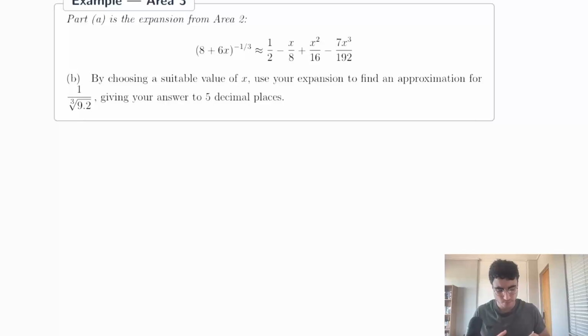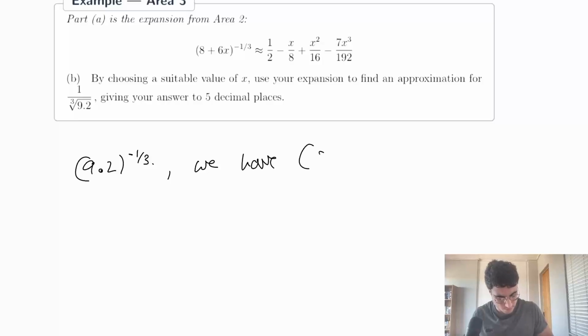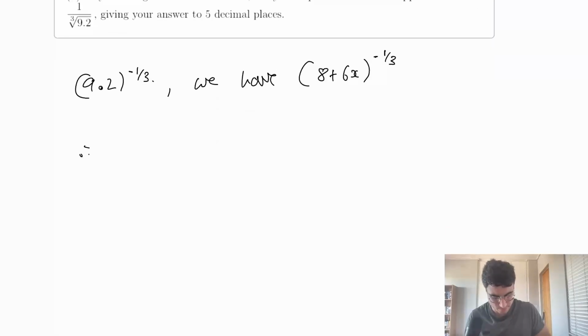So 9.2 to the power of negative a third, that's what we've got over here. But we also have 8 plus 6x to the minus a third. So therefore, 8 plus 6x, we can equate that now to 9.2.